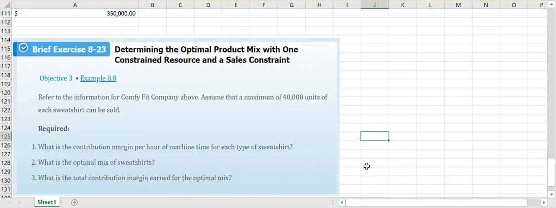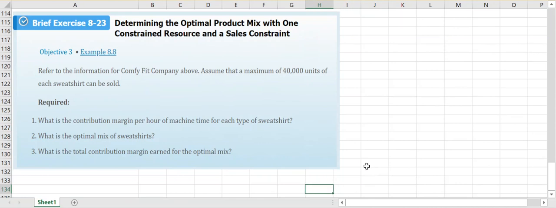We can only sell 40,000 max of each type. So it would make no sense for me to make 70,000 Swoop sweatshirts if I can only sell 40,000 of them. So now we have to decide again what our optimal sales mix would be.